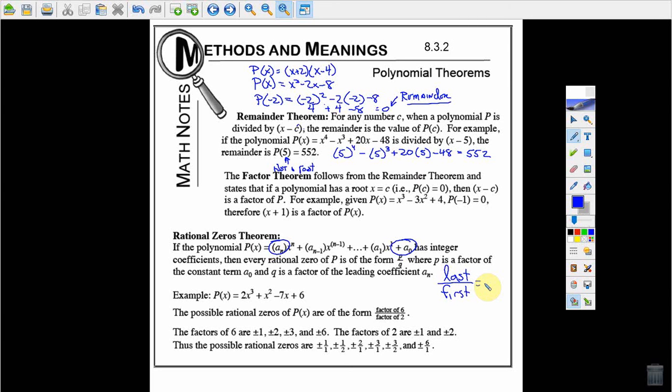So they give you an example here of 2 times x cubed plus x squared minus 7x plus 6. I know that my potential roots then have to be factors of 6 over 2, because this is my last over my first. So factors of 6 include 1, 2, 3, and 6.